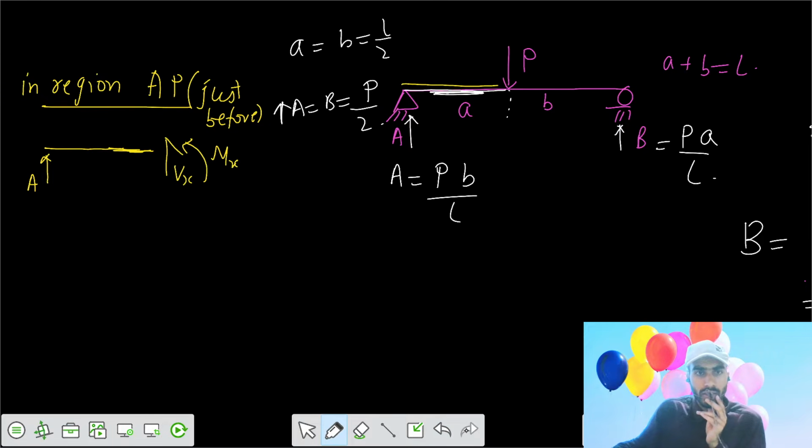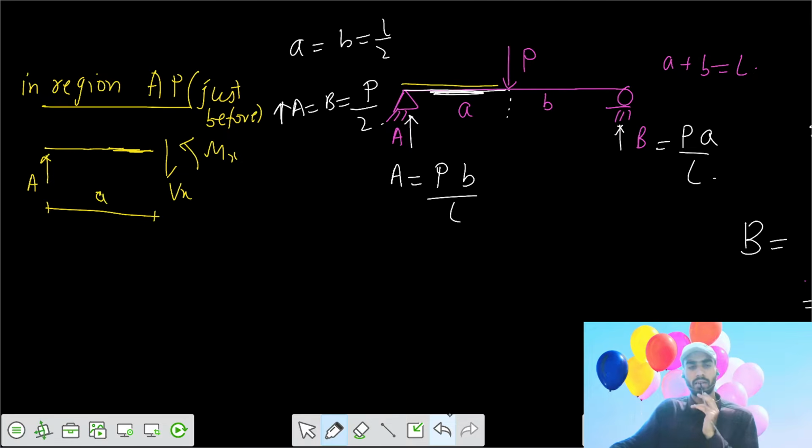Then we can say the length is A. It doesn't matter, or we can cut at any x. We know that the variation would be linear.